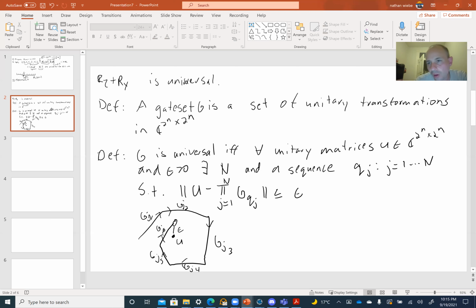Now, what this also ends up meaning is that, because any unitary transformation can be closely approximated, any state transformation can be efficiently performed. For example, there always exists a unitary transformation mapping psi to phi.